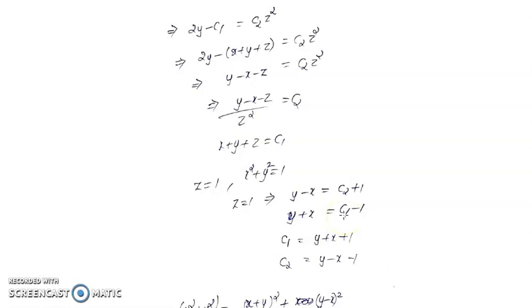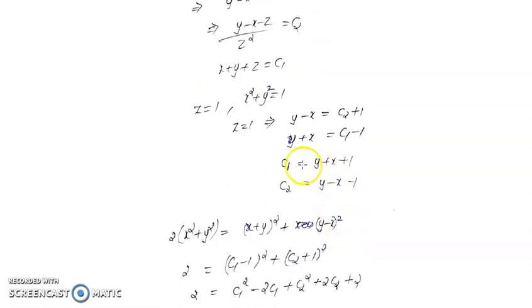Here instead of taking parametric representation, we need to obtain a relation involving c1 and c2. So I will obtain the relation by eliminating x and y. So you have c1 minus 1 equal to y plus x and c2 plus 1 equal to y minus x.